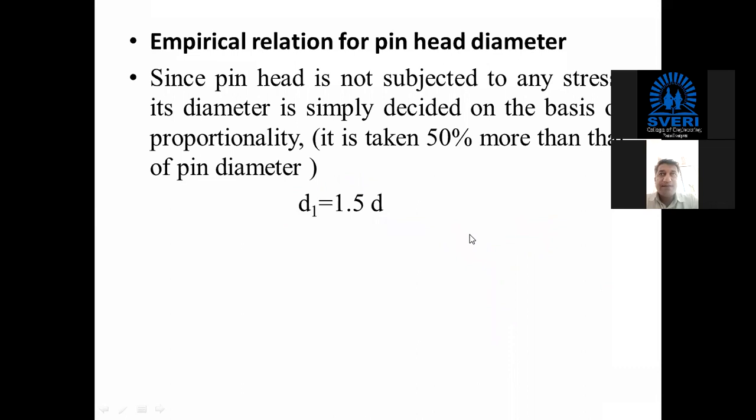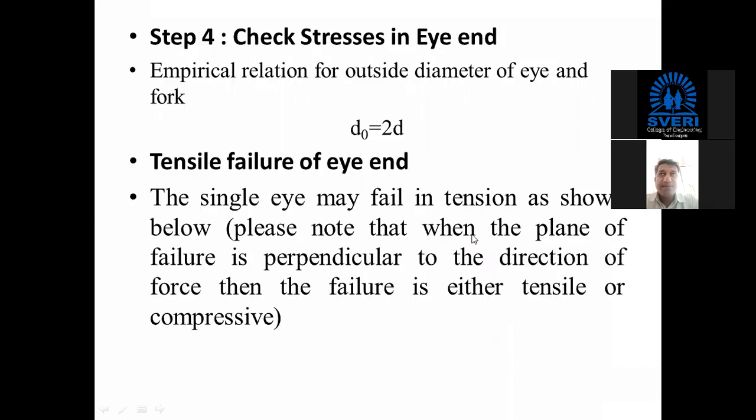Is it clear? Okay, then the outside diameter of the single eye, D0, is taken as twice the diameter of the pin, but it will be checked afterwards for the tensile failure.